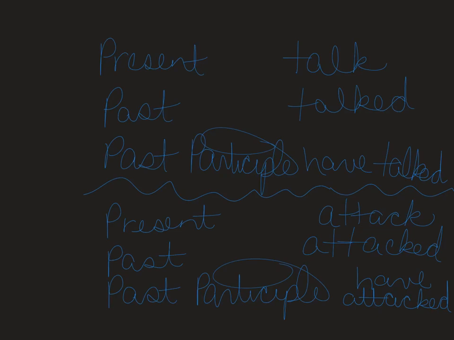All right, and then we have present, and this is another regular verb that just adds ED to the present to form the past and the past participle. Attack, today I attack. Yesterday I attacked. I have attacked them many times before, okay?